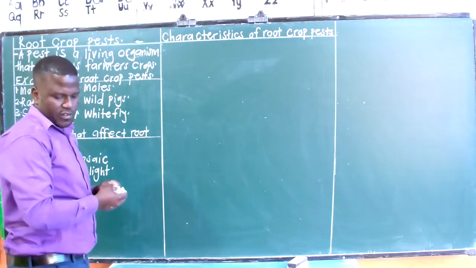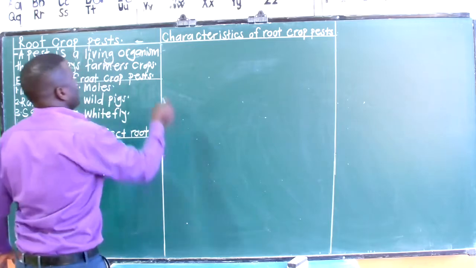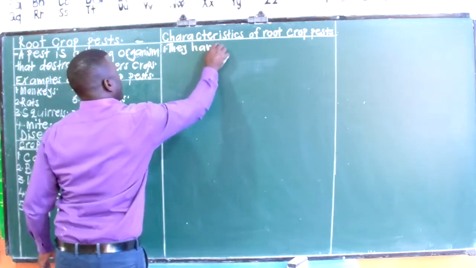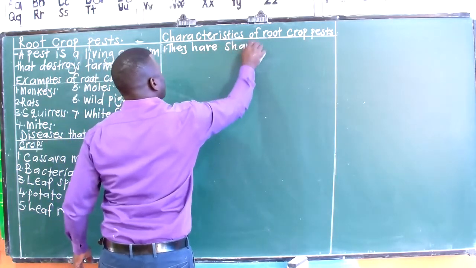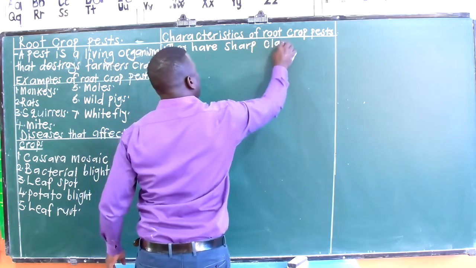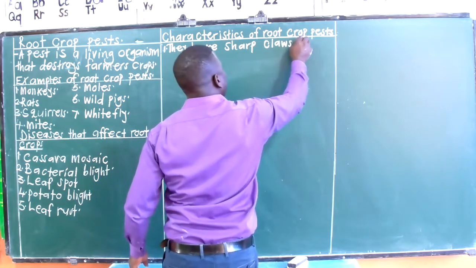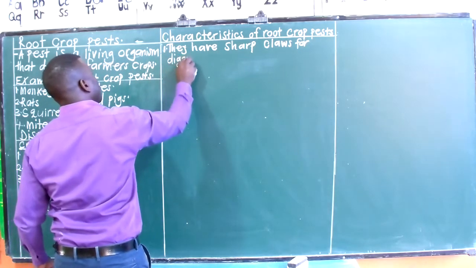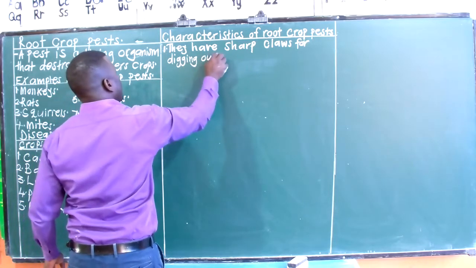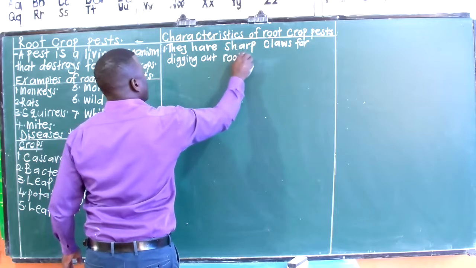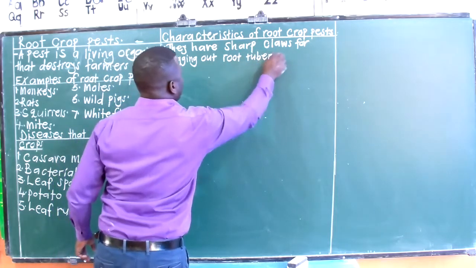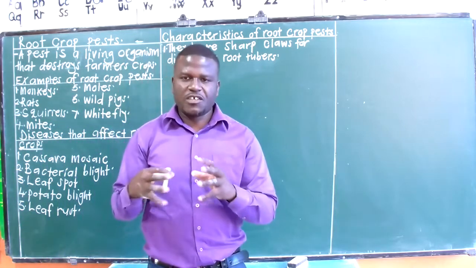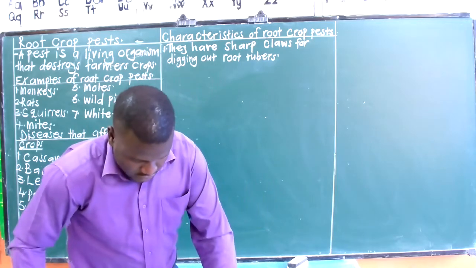They have sharp claws which help them to dig the soil. They have sharp claws for digging out root tubers, so their claws are sharp to dig out root tubers.